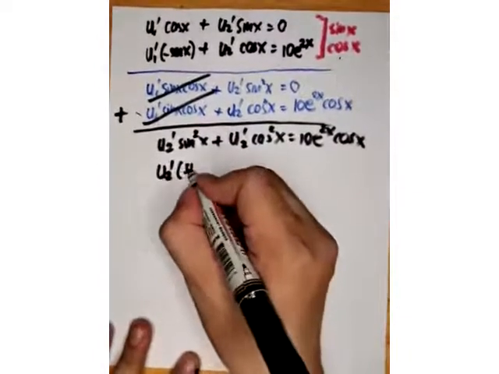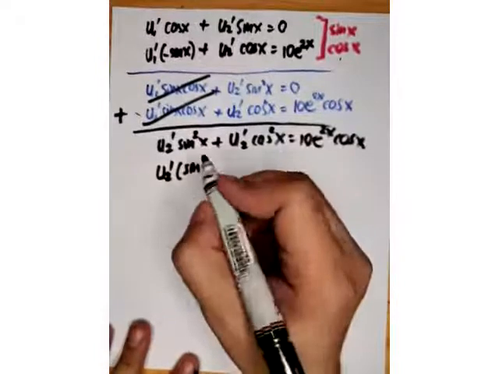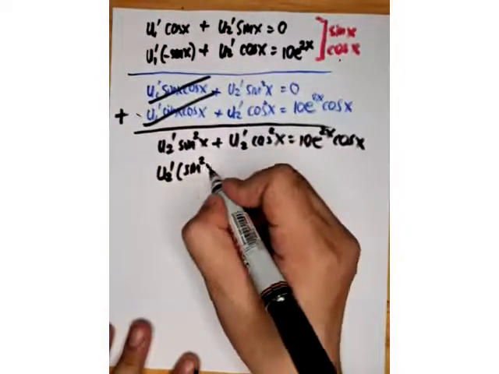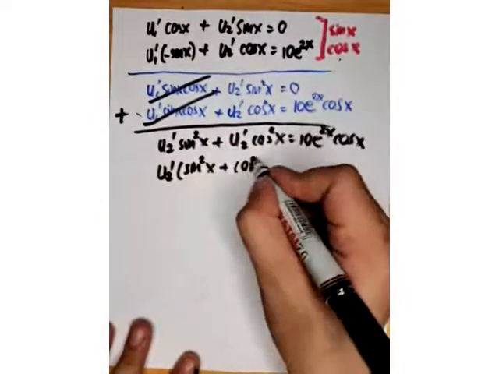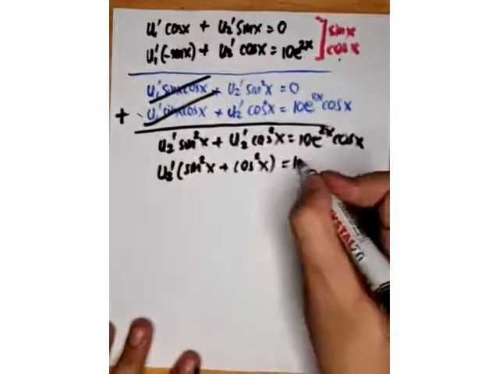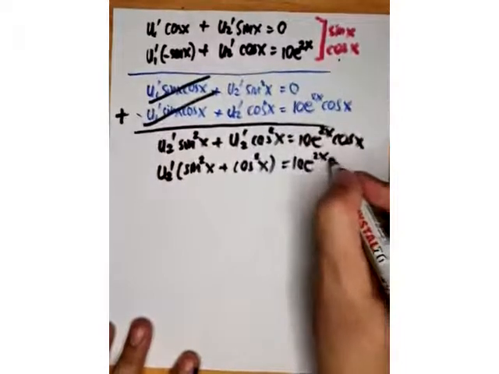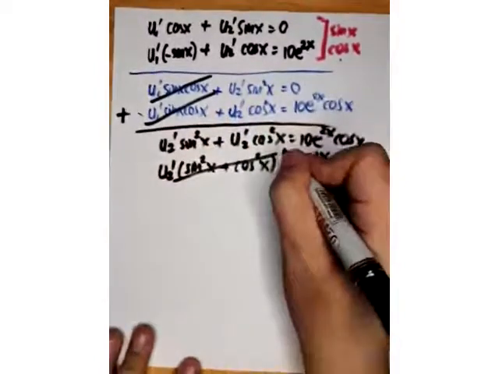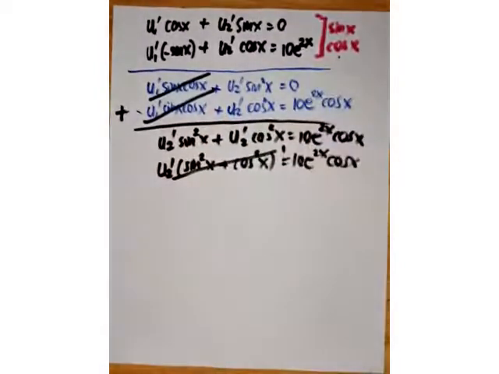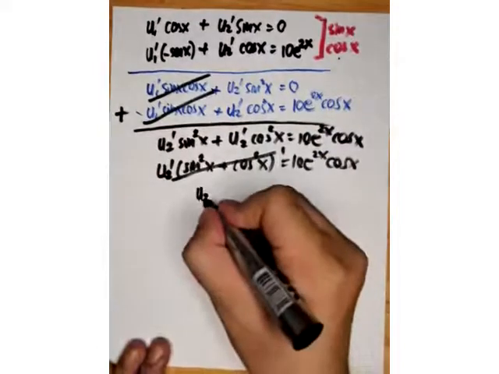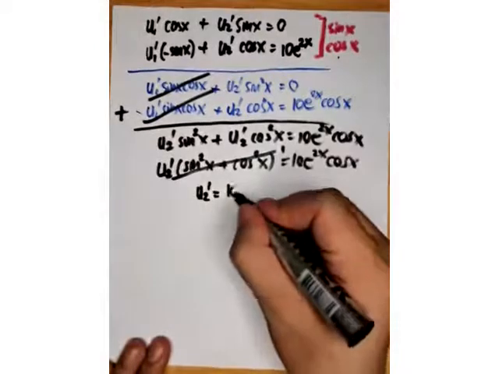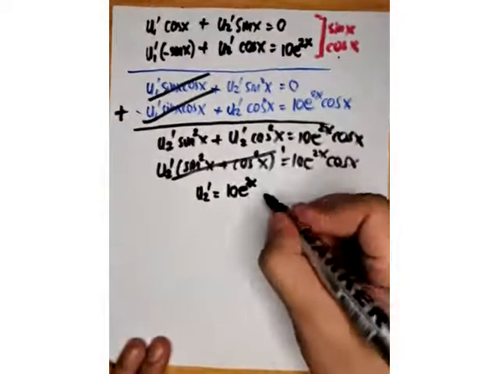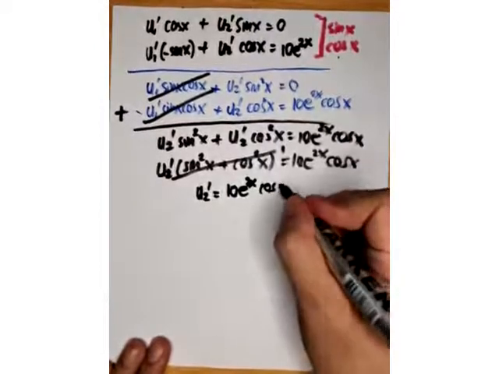So that's equal to u2 prime times the quantity sine squared plus cosine squared x is equal to 10 e raised to 2x cosine x. So we can cancel this because that's equal to 1. So therefore, u2 prime is equal to 10 e raised to 2x cosine x.